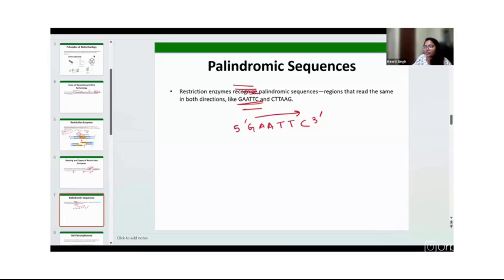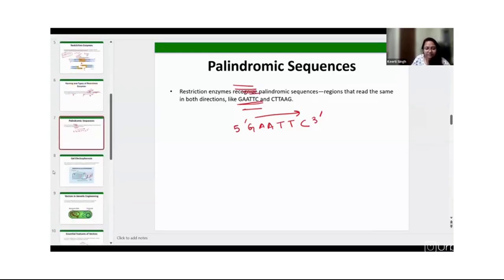So a new combination of DNA will be formed. That DNA is known as recombinant DNA. Now this DNA has entered the host organism, and the host organism will make multiple copies. That particular DNA will also be synthesized in multiple amounts, right?